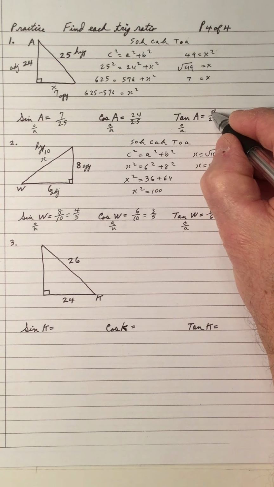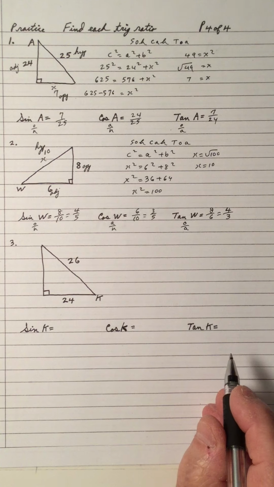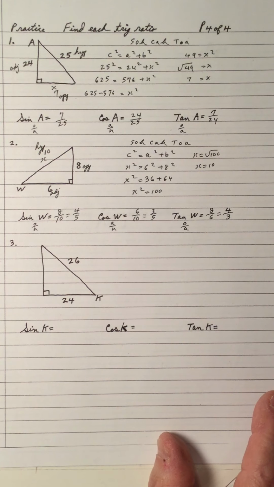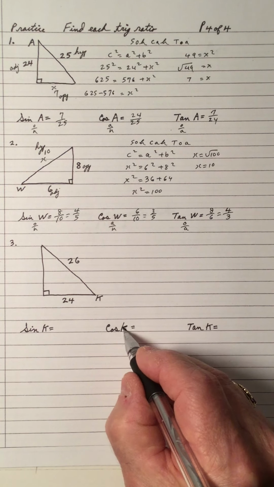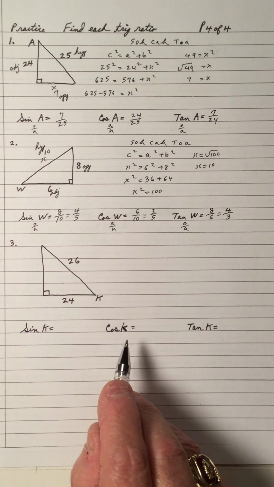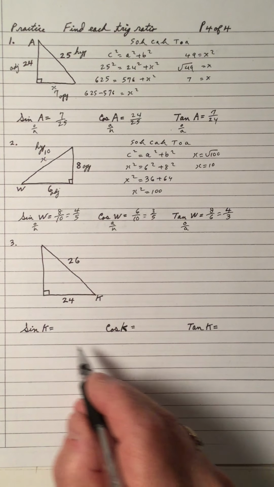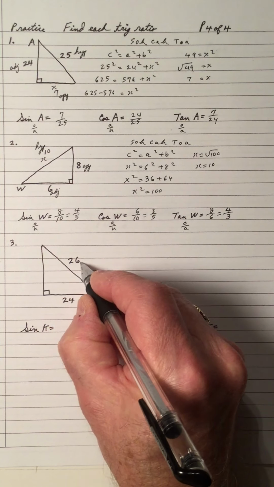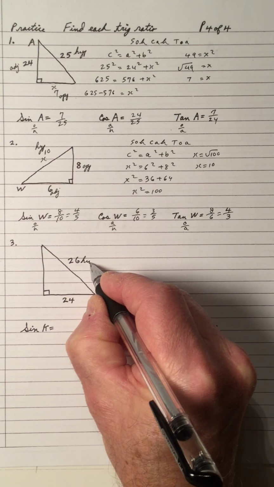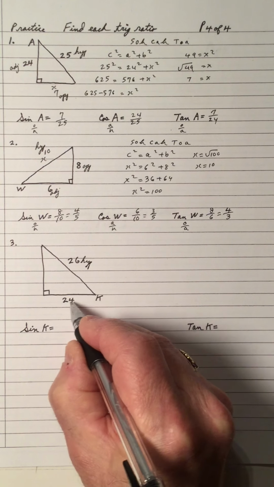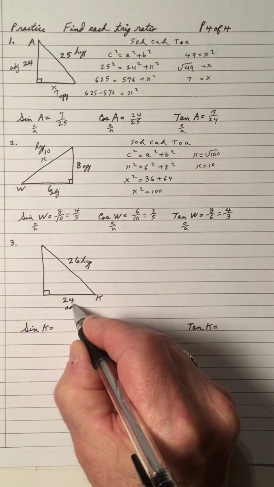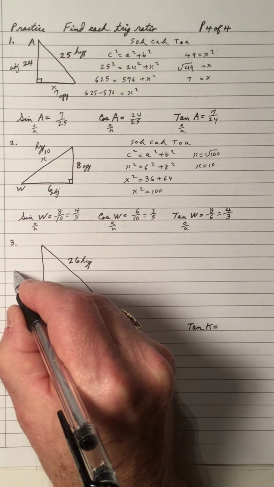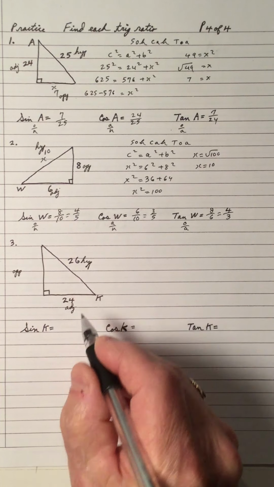So I have a tendency sometimes to slip on something. If I do, just bear with me. And in terms of K, this is the hypotenuse. In terms of K, this is the adjacent. And this side is opposite, but we don't have that side.